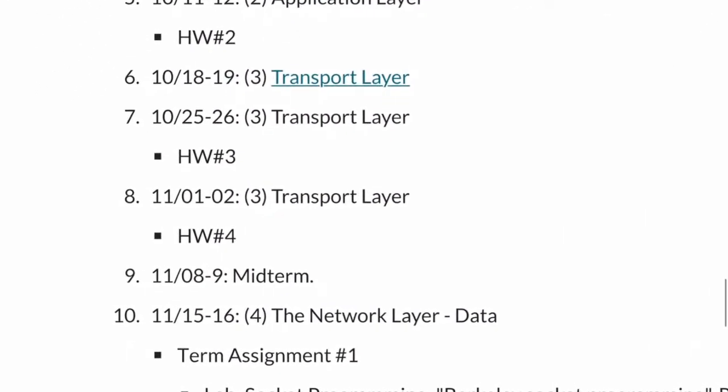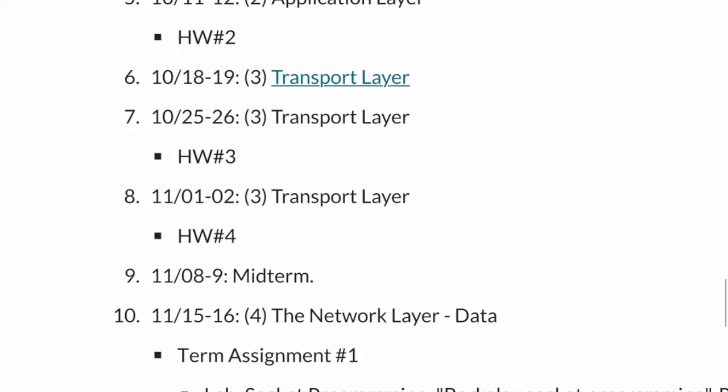Also we have homework number 4 this week, and they are all multiple choice, true and false questions, so it is easier for you to review the course.